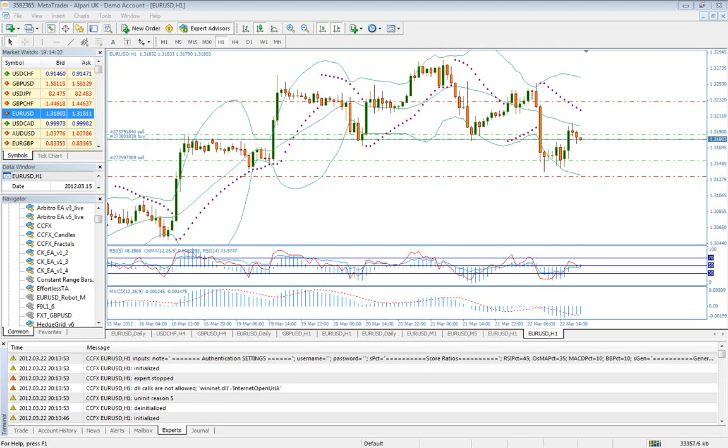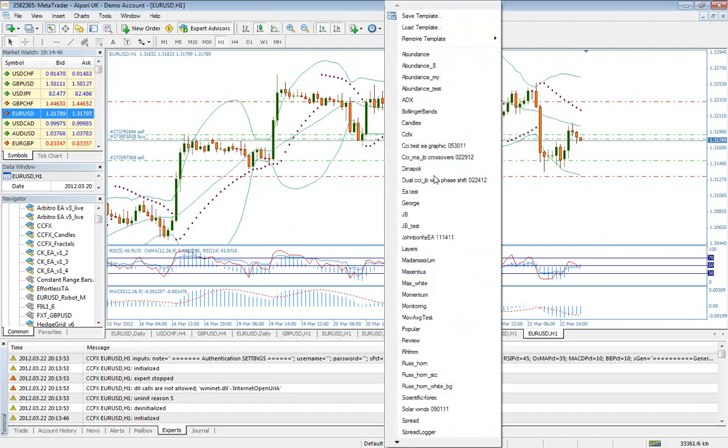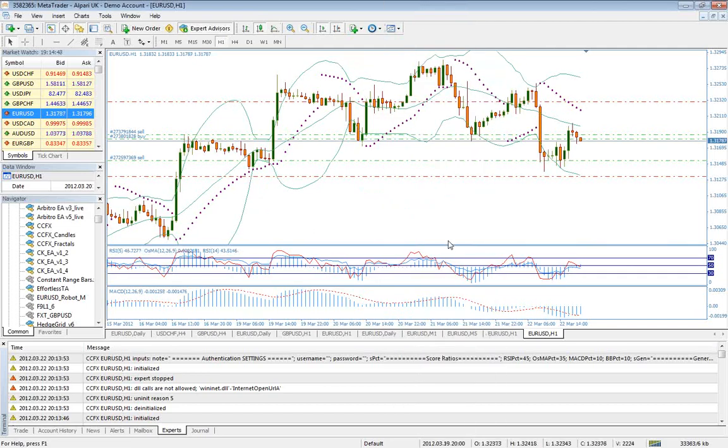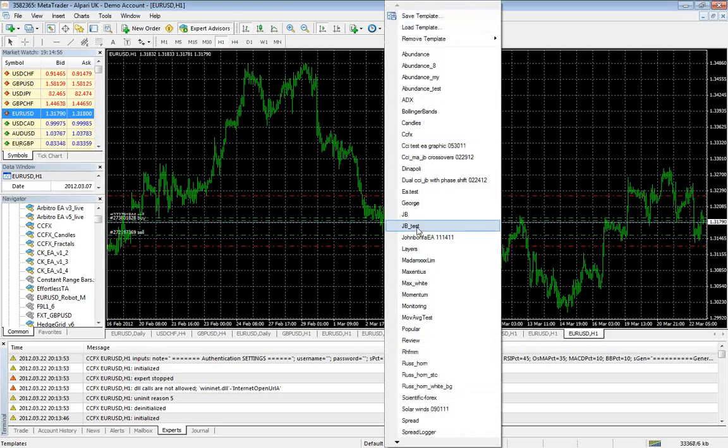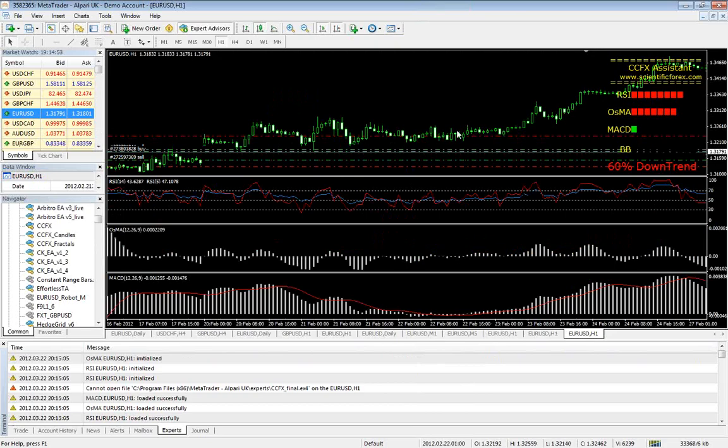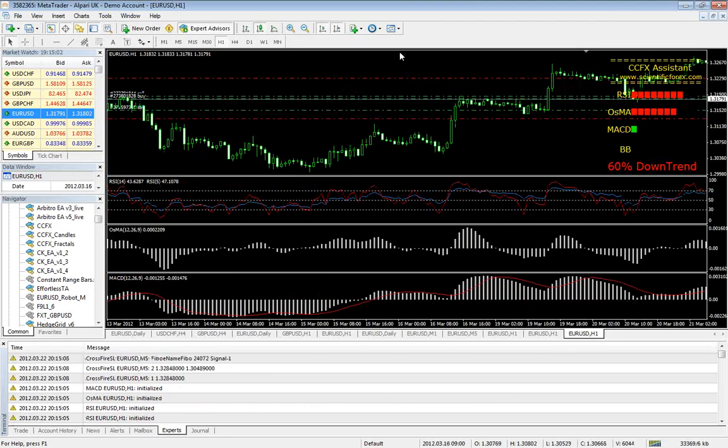If I upload the CCFX-MT4 template, will my current settings, EAs, and indicators be wiped out? No, Dennis, it will not be wiped out. Let's say here, I will go and use a different template on the same chart. Then it will take all of the indicators from this chart. So if you want to apply a template, open a new chart, and only after that apply your template, like I have done it in here.